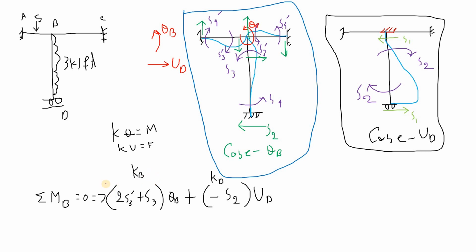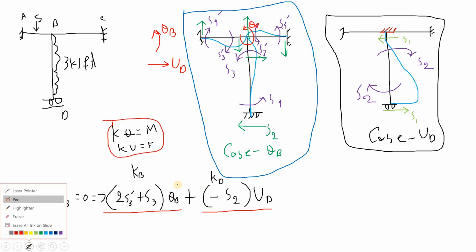So this was for the B point. Okay, let me just put a marker. Now this segment was for the B point, and this segment is for the D point. So that is why these two kinds of things are being used here. Now that we have talked about that, let's move on. So this was our stiffness into displacement vector.